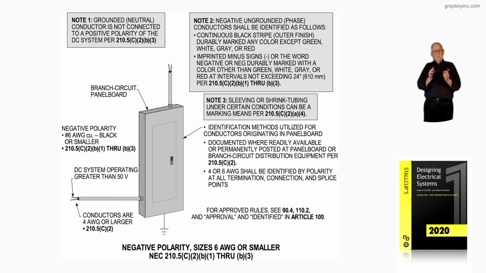But then notice if we are sizing for number 4 or larger conductors, we would have to look at our 314.28(A) for straight pull and (B) for U or angle pull. So that's just one illustration, or example given, where number 6 or less or number 4 or larger is determining sizes to determine which section of the code that we use.